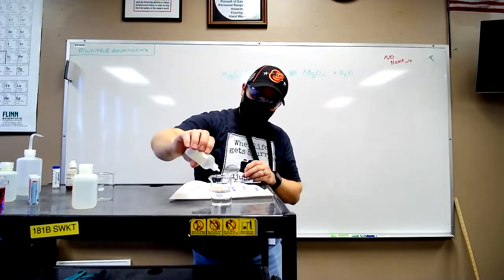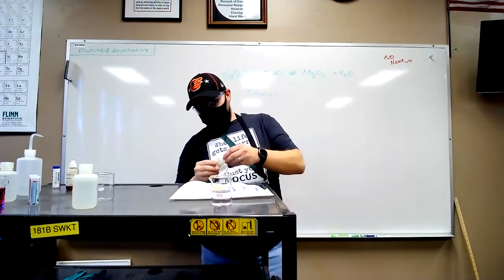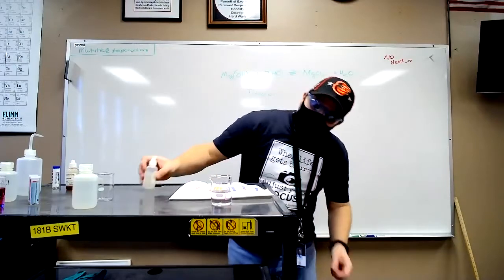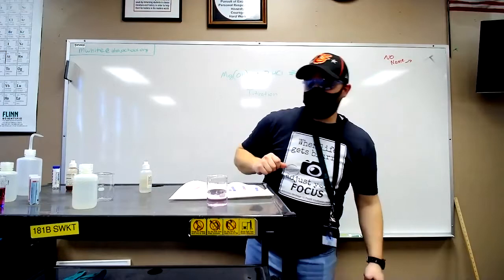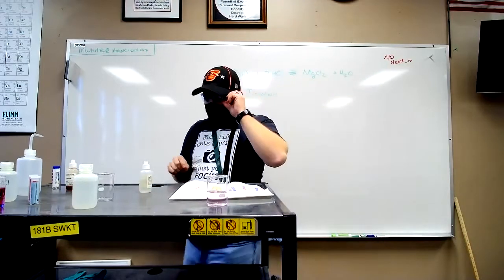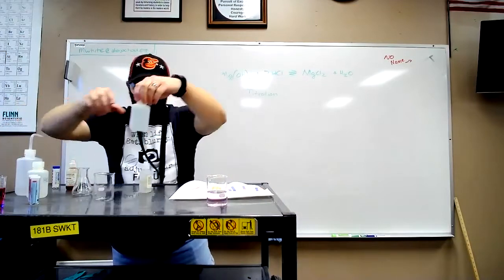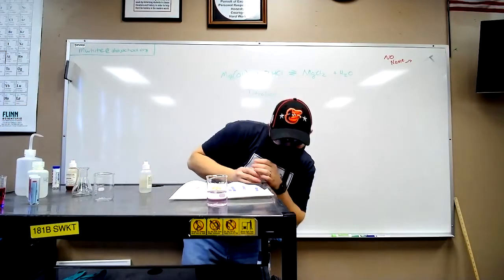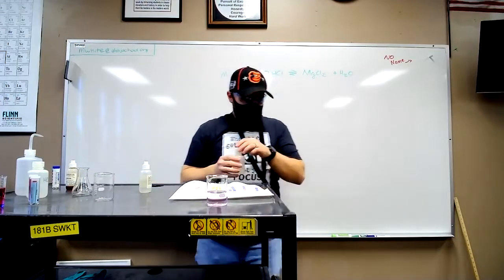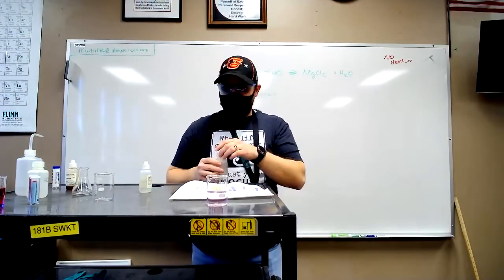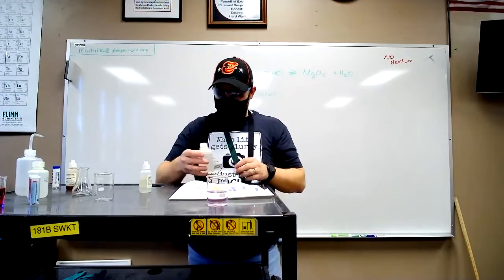So if we put a few drops in, okay, it still looks clear. And the way that it works, you can see it actually has a little bit of color in there, because like we said, the water appeared to be just a little bit basic, which happens.